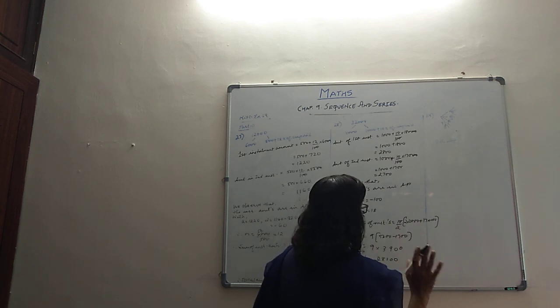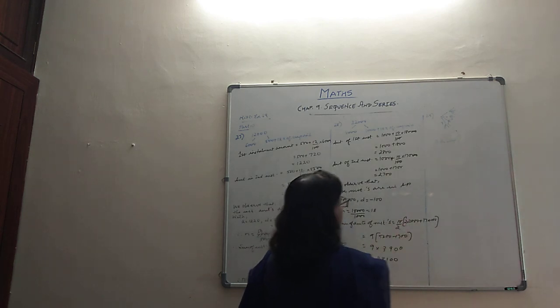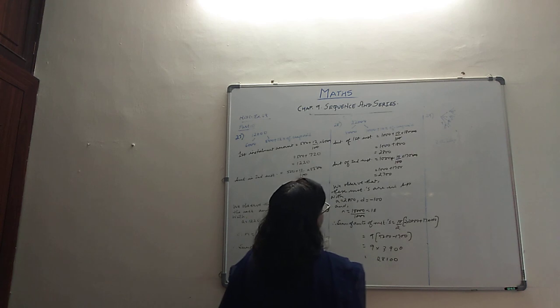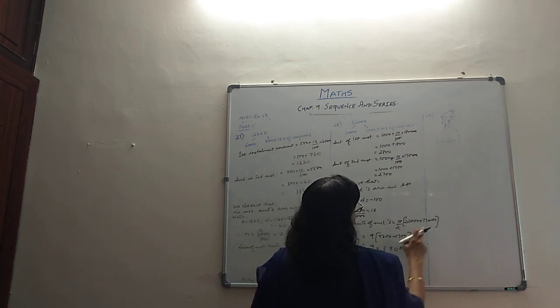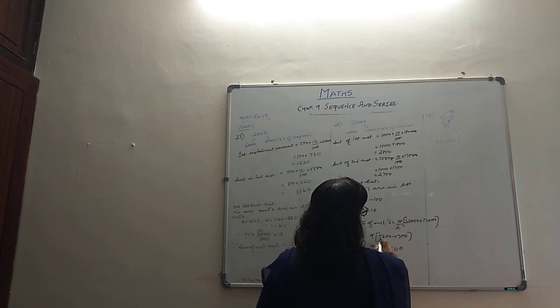No, wait. Not everything looks very good over here. Let me check once again. 2 into, yes, this is correct. This is okay. Now let me check this. 16 minus 7 is 9, and 4 minus 1 is 3, so 39. 9 nines are 81, 8 carry, 9 threes are 27 and 8.